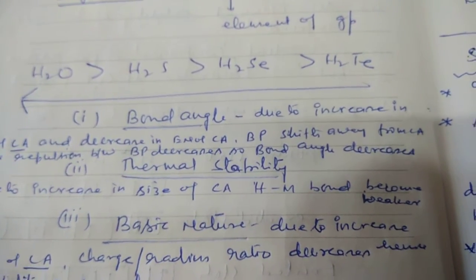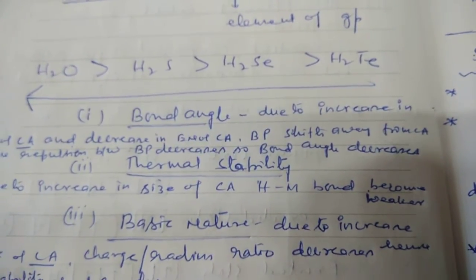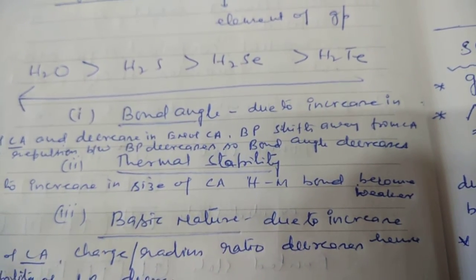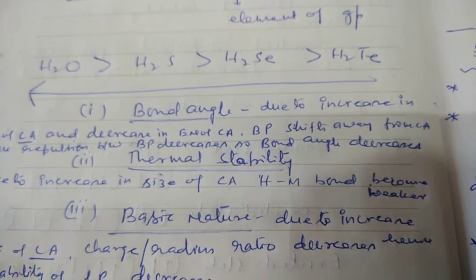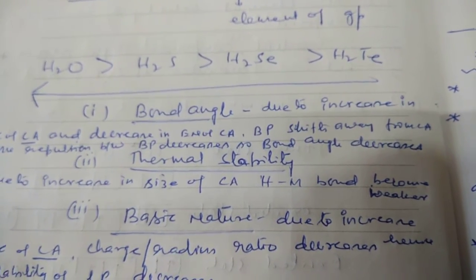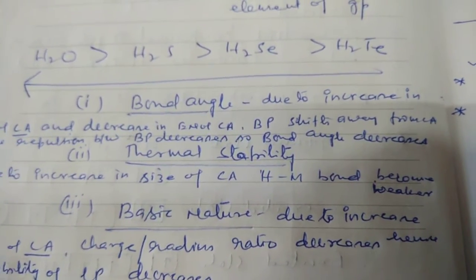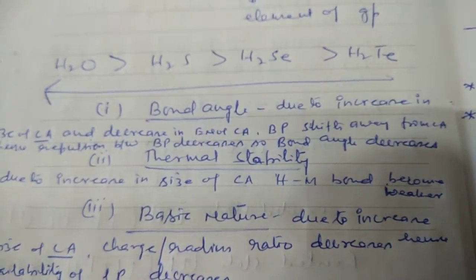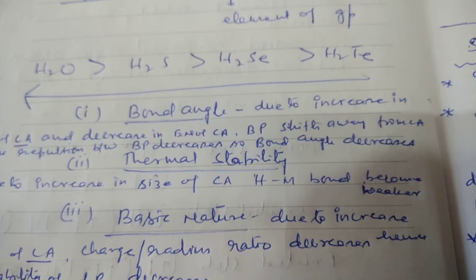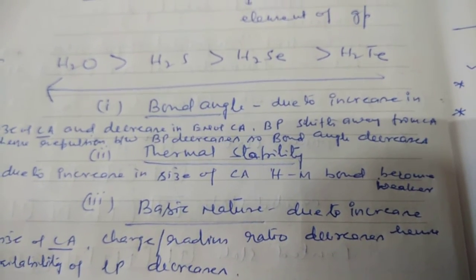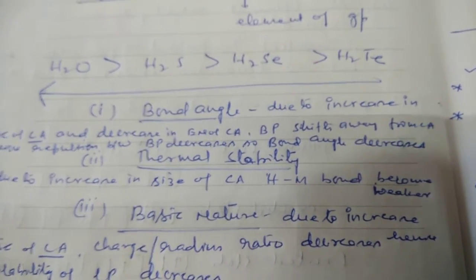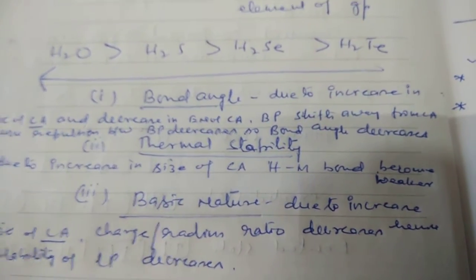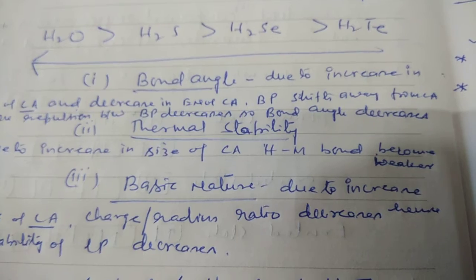Class, next one is the thermal stability. H2O is maximum thermally stable, while H2Te is minimum thermally stable. Thermal stability depends on the bond strength, and bond strength depends on the bond length. As you know, again, as we move down the group oxygen, sulfur, selenium, tellurium, the atomic size of elements increases, hence bond length increases, and bond strength and bond length are reciprocal to each other.